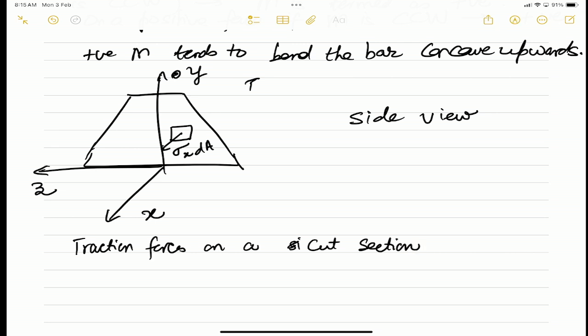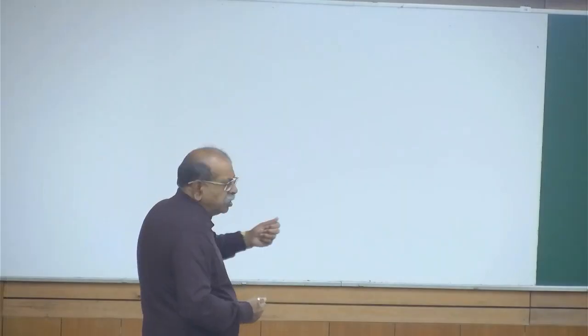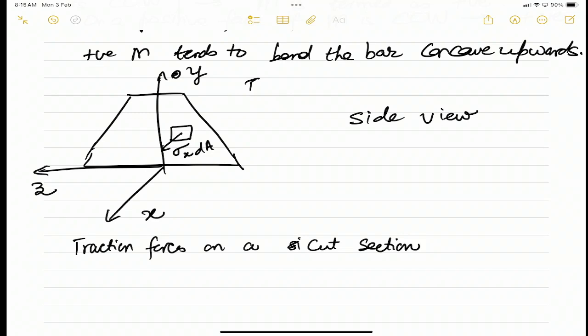If I cut a section, then the different traction forces on this cut section, which is an x face, there is a sigma x dA, and then I draw another section.